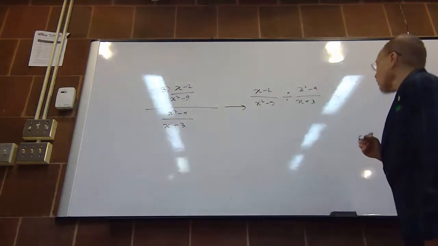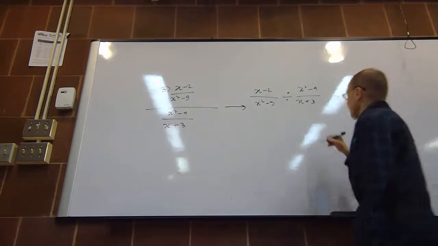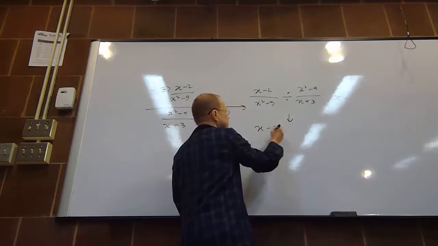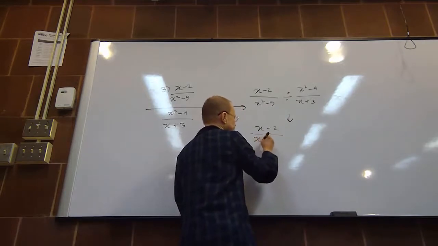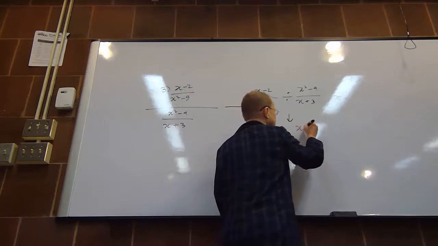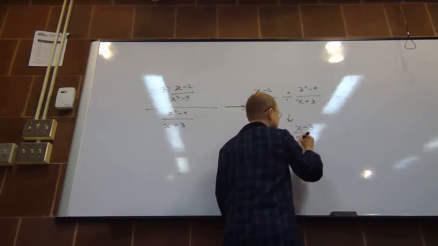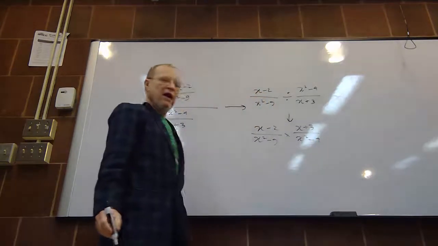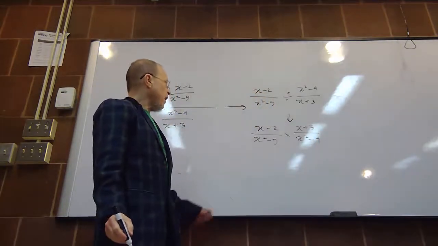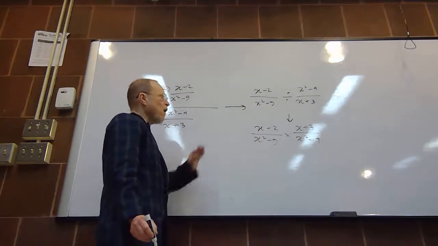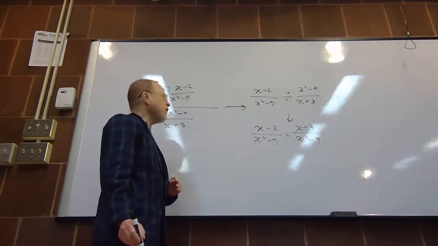Now what we're going to do is turn that into a multiplication problem. (x minus 2) over (x squared minus 9) times (x plus 3) over (x squared minus 4). So there we have that. Now we have solved multiplication problems before, and we're going to solve this one the same way.